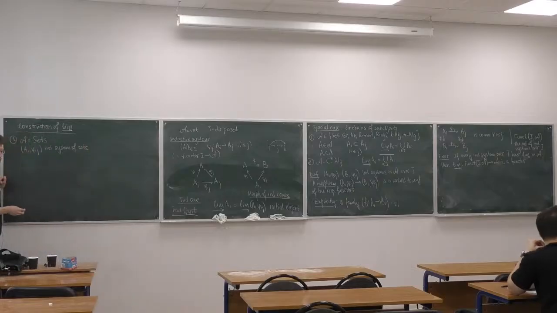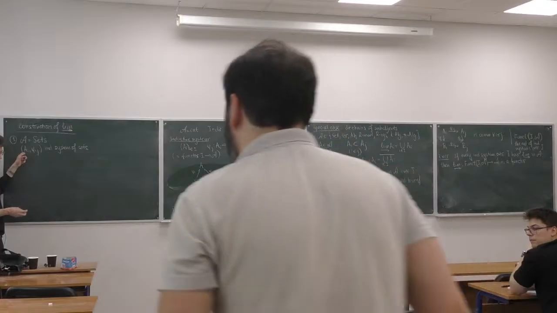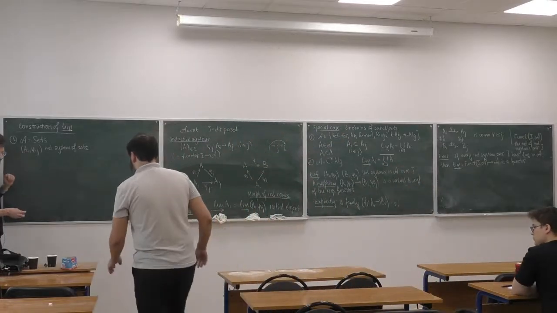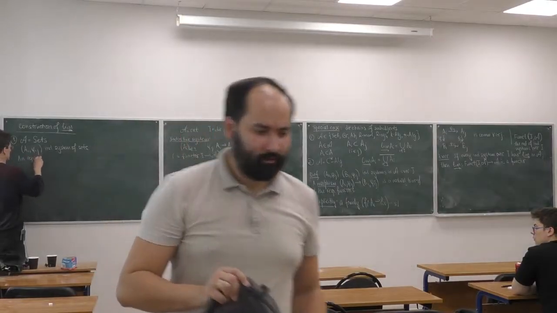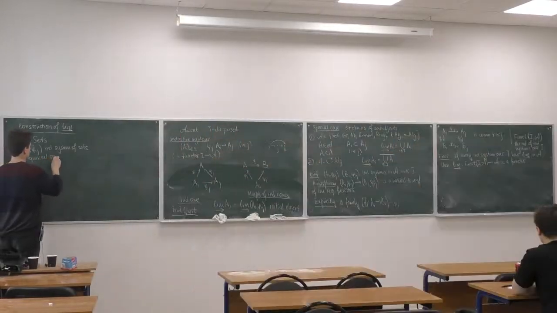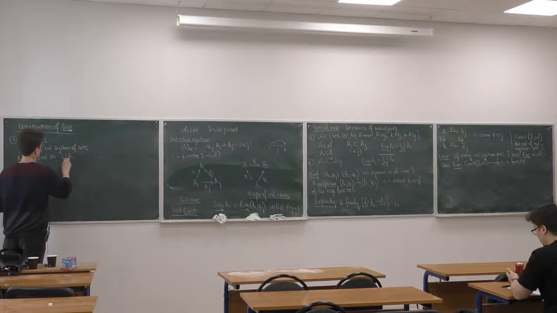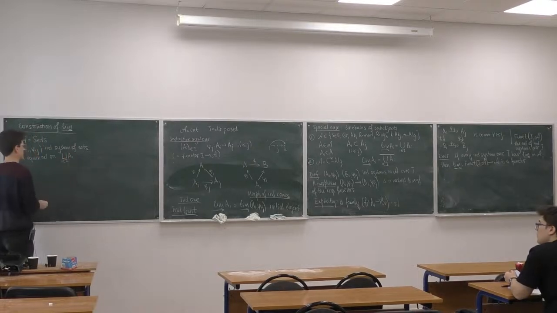We form the disjoint union of our family of objects, and we define an equivalence relation on this disjoint union as follows.